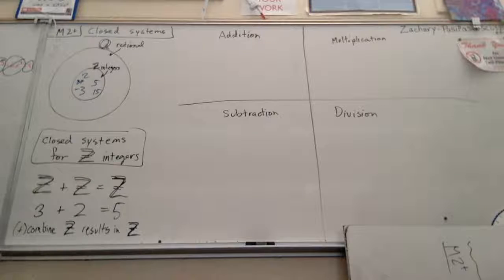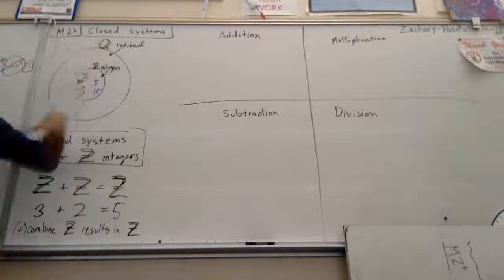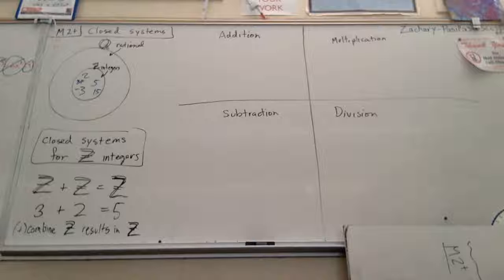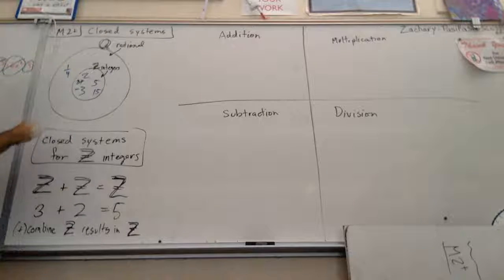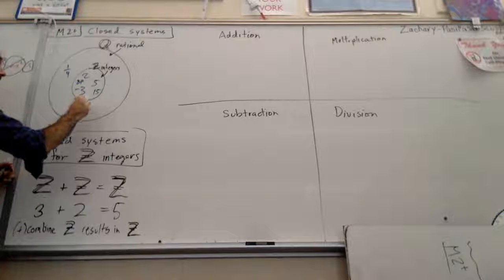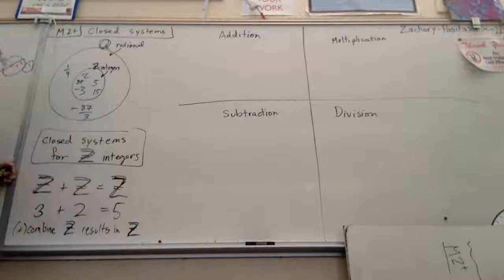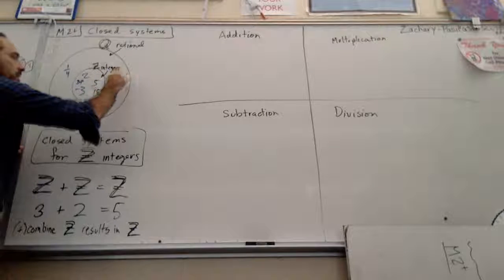Remember, it is denoted by that Q, the double-struck Q there. What's a rational number? 1/4. Okay, give me another. -87/3. Is that your favorite number? Nice. All right, one more. 20. Can I put 20 over 1?